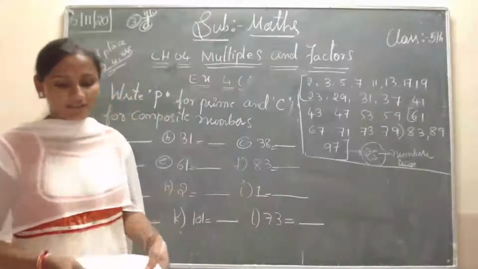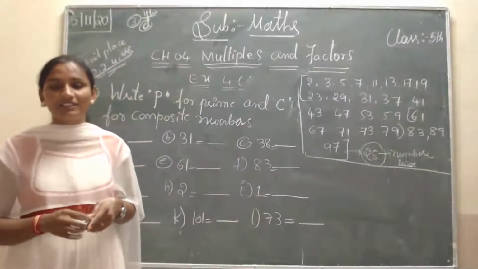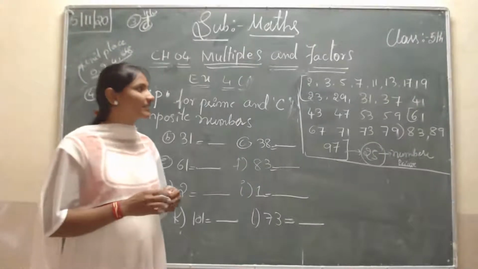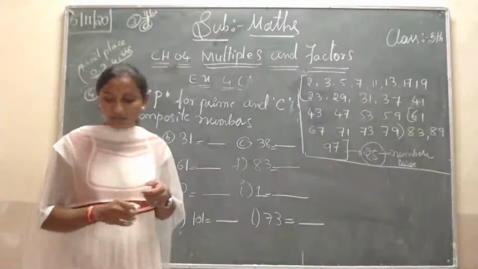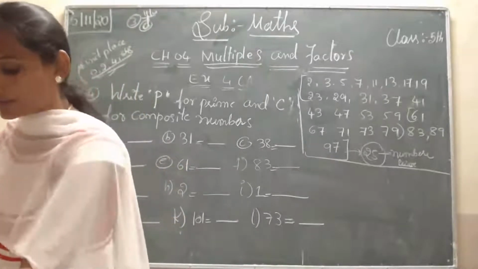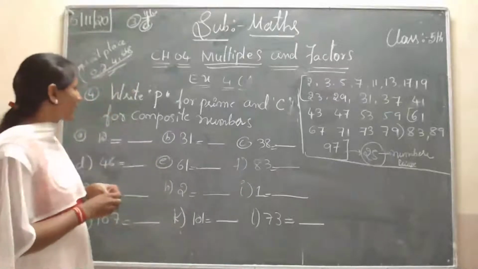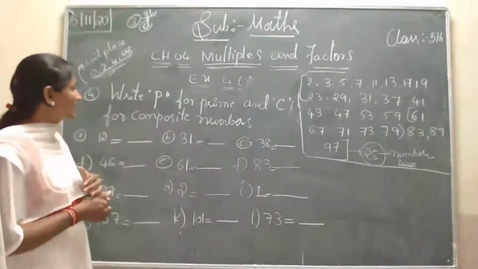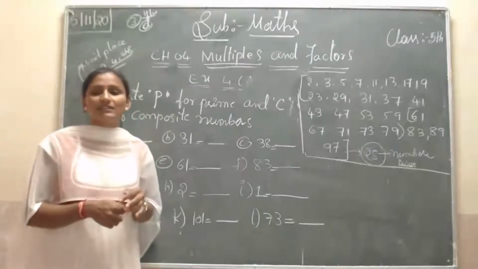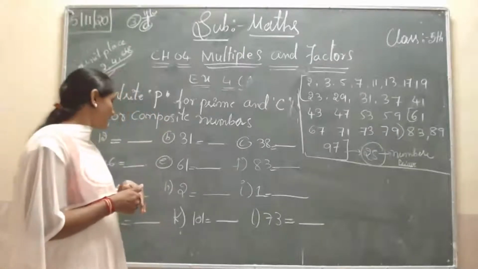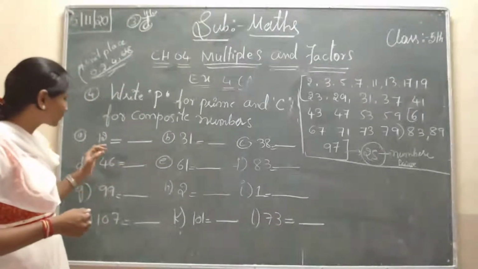Students, just you have to tell the answers, because already I told that this is basic class. Already I told what a prime number is, and what is the difference between a prime number and a composite number. Now just identify: P means consider it a prime, C means consider it a composite number. Students, just see that number 12.